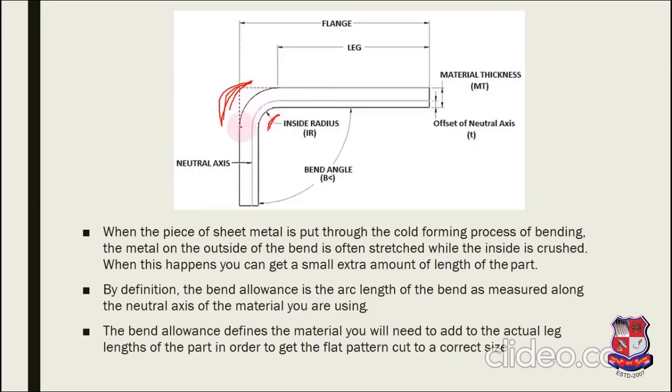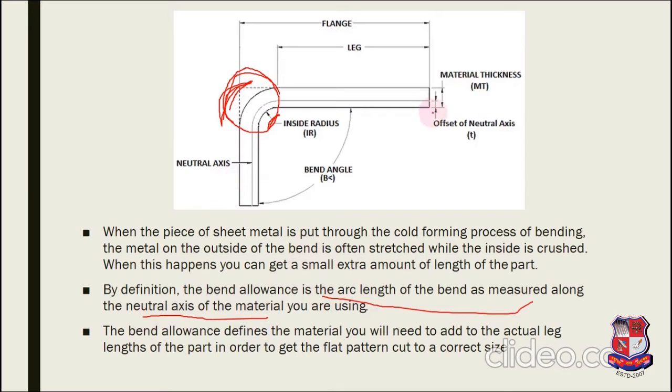Because of that you get this part that is bent up to a certain angle. When this happens you can get a small extra amount of length of the part. So the definition is: the bend allowance is the arc length of the bend as measured along the neutral axis of the material you are using.